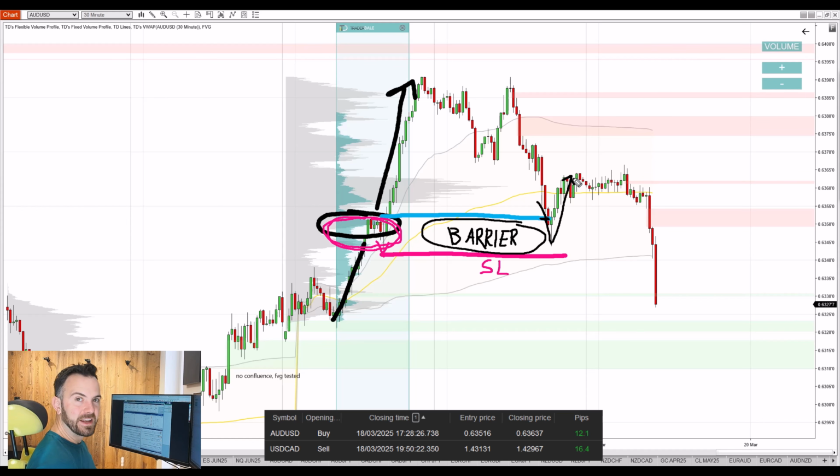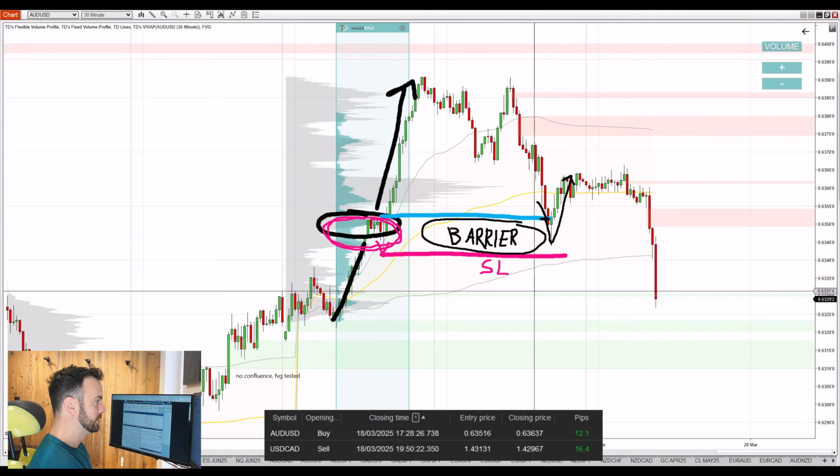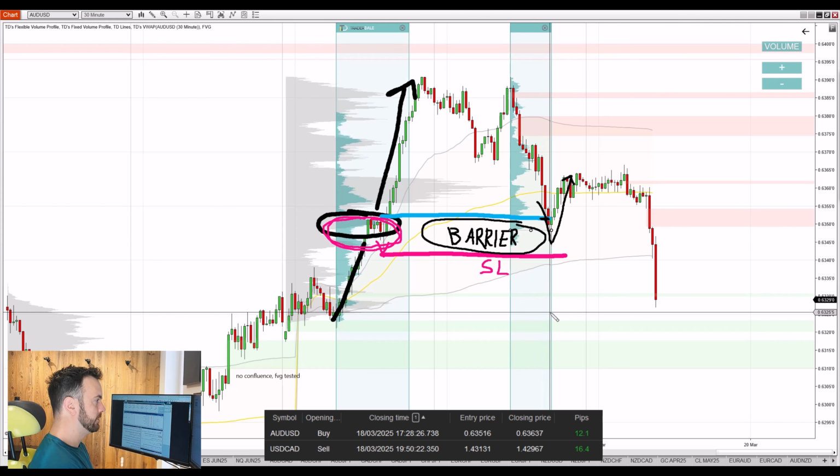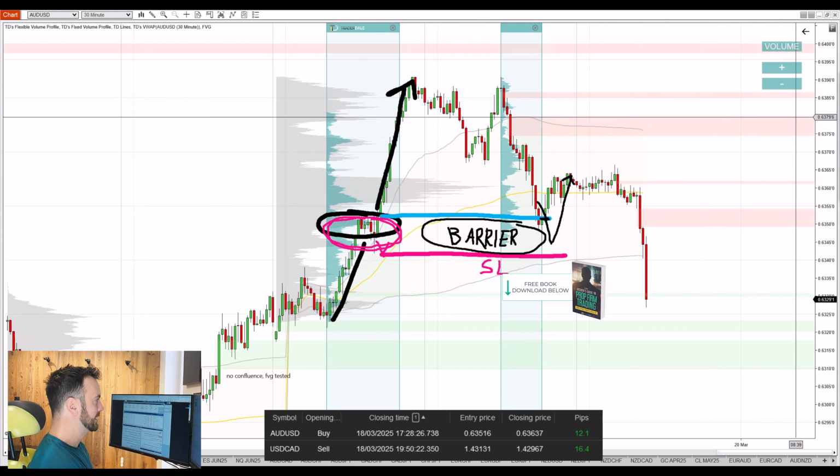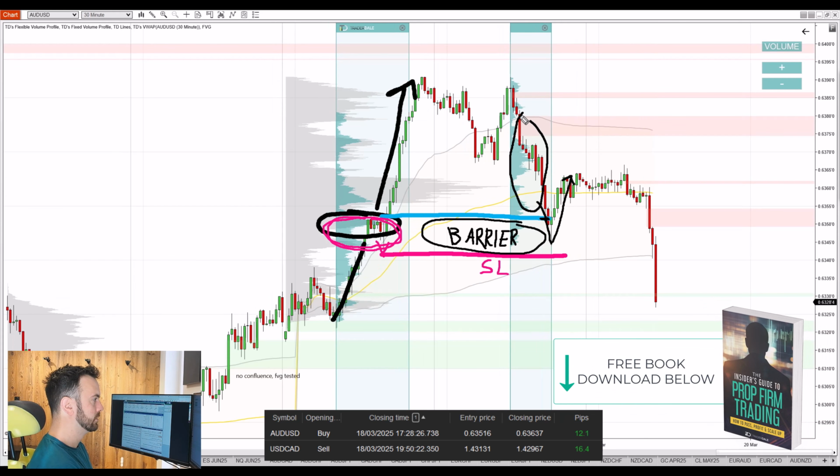Now, regarding the take profit, if you remember, yesterday I was talking about the one important rule about take profit placement, and the rule is that you want to take your profit at the beginning of a heavy volume zone. So what I did here was I looked at how the volumes were distributed in this area where the price was coming towards my level.